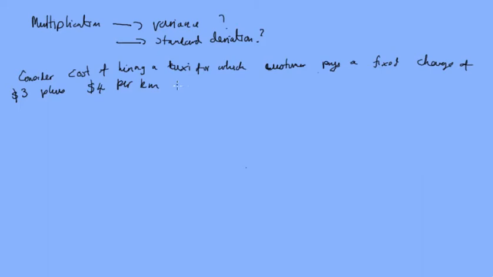So we're going to say that Y is the total cost, X is the distance travelled, and therefore the equation would be Y equals 4X plus 3, because we take the $4 per kilometre and there's a fixed charge for a journey of $3. So let's consider some values.